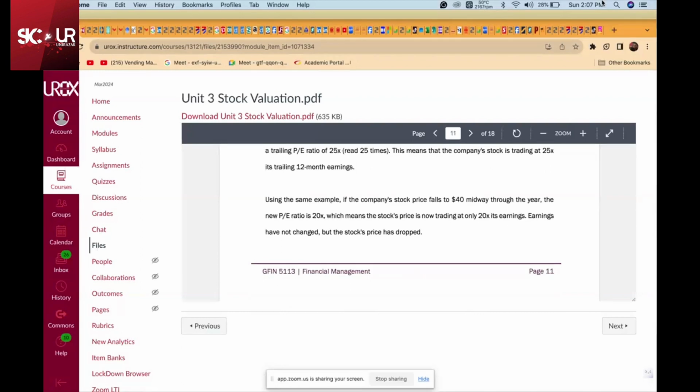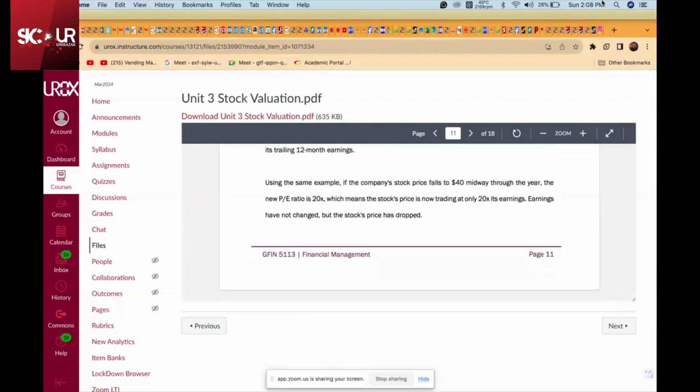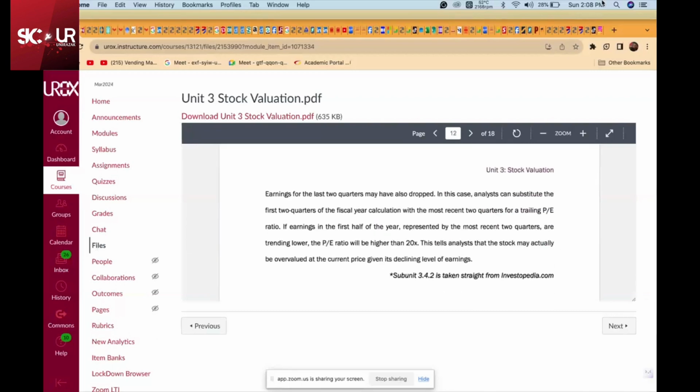Using the same example, if the company stock price fell to $40 midway through the year, then the new price earning ratio is 20 times, which means the stock is now trading at only 20 times. Earning for the last 2 quarters may have dropped, and in that case, analysts can substitute the first 2 quarters of the fiscal year calculation with the most recent 2 quarters for the trailing price earning ratio.